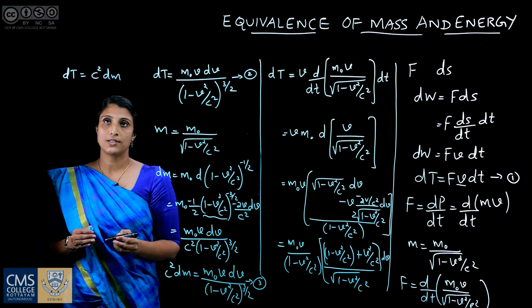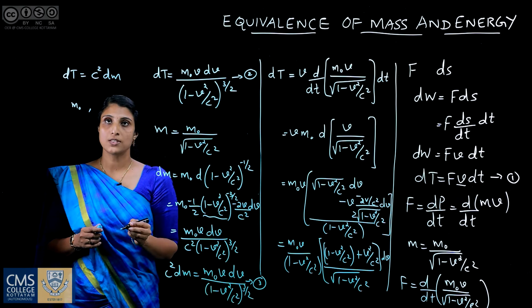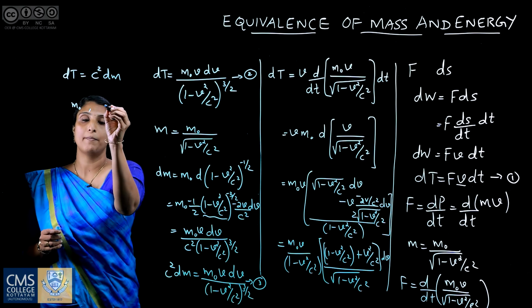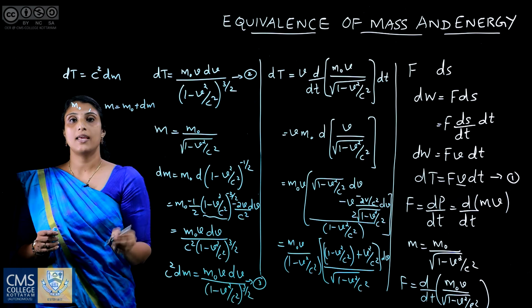If m0 is the proper mass, then under the action of force, let its mass change by dm, where m equals m0 plus dm.